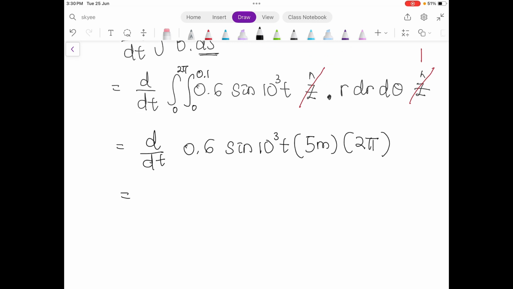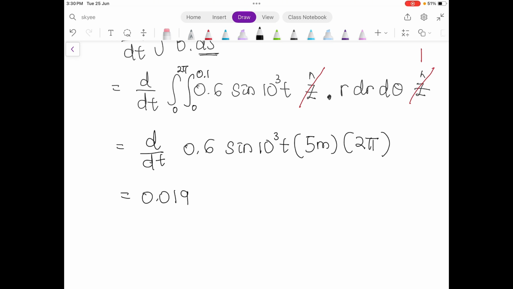Next you have to perform the differentiation with respect to t. First of all, I combine all the values: 0.6 times 5 milli times 2π, which gives 0.019.